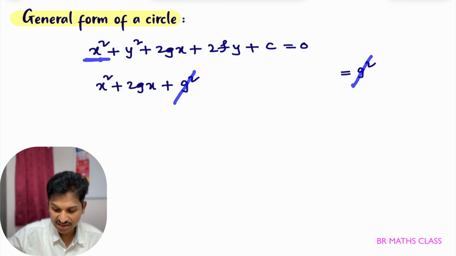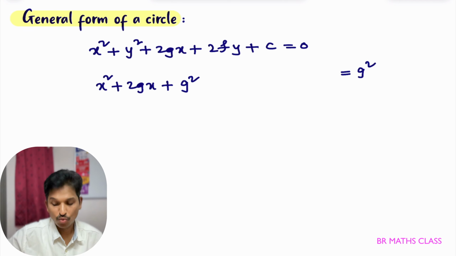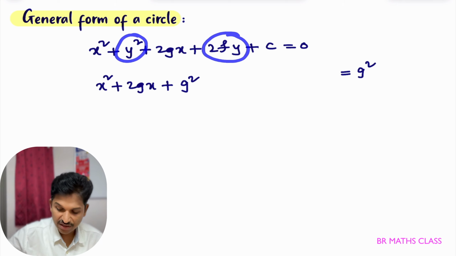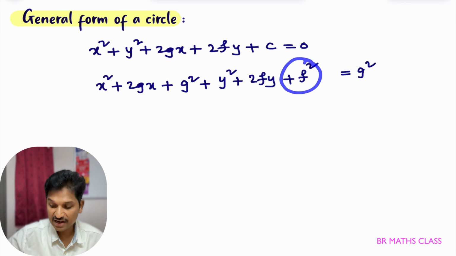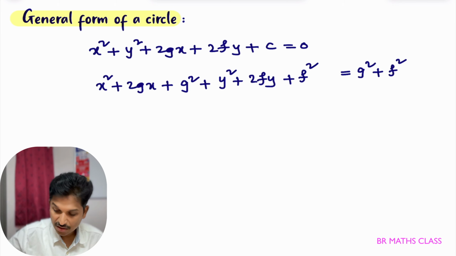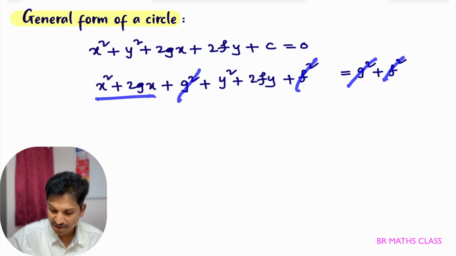Now y square and 2fy, these two terms I'll write: plus y square plus 2fy plus f square. Here you observe I added f square, right hand side also I'll write f square. Now you can see this g square, f square will get cancelled. What you will get: x square plus y square plus 2gx plus 2fy. This c is remaining. That I'll write here.